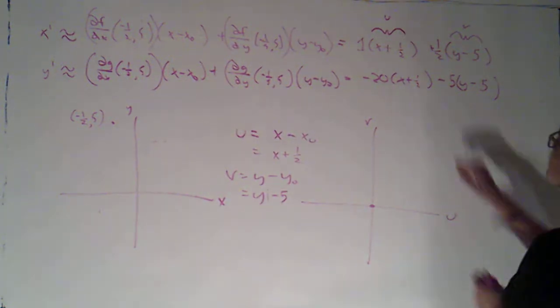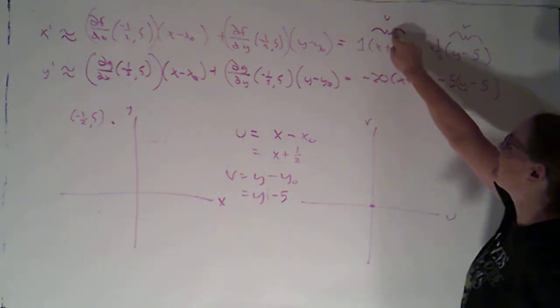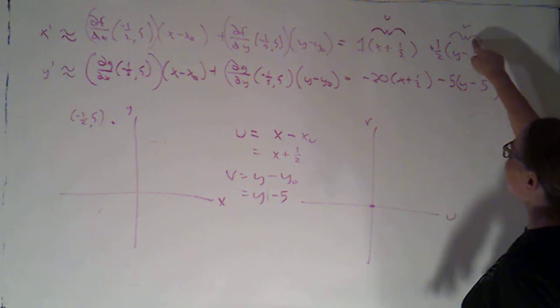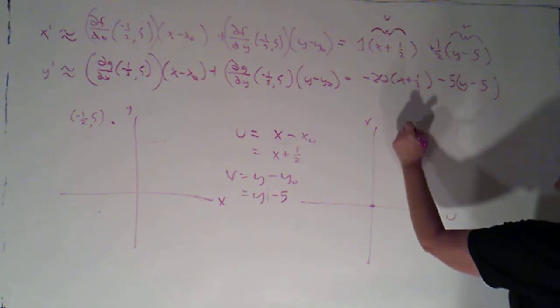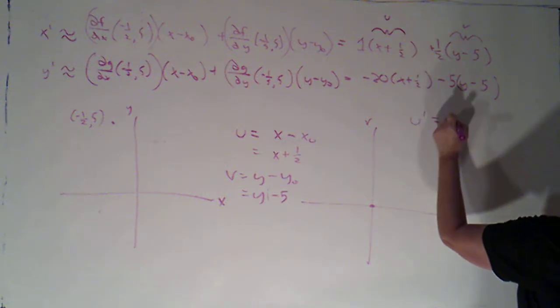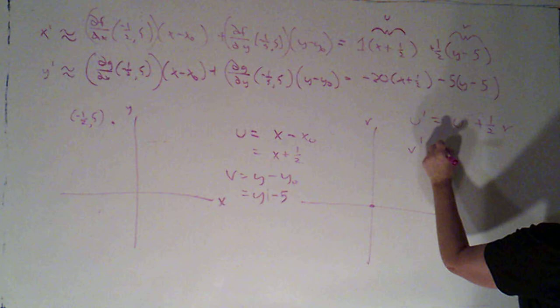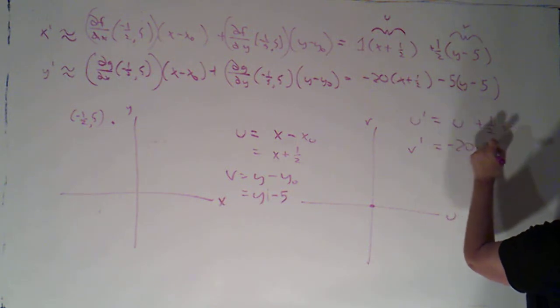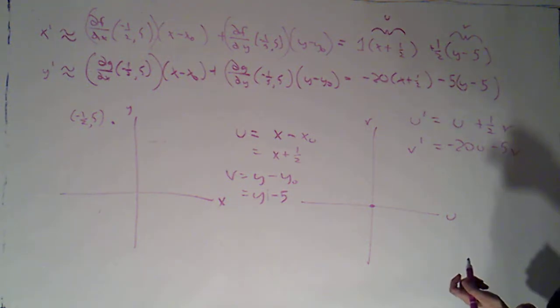Okay. Notice this is take 2 of this video. I had previously labeled that u and that v. So what I'm getting here then in this new system is u prime is u plus 1/2 v. v prime is -20u minus 5v. That's awesome.